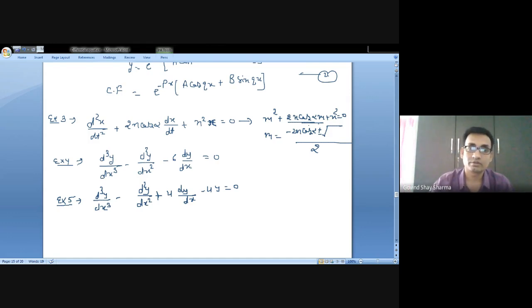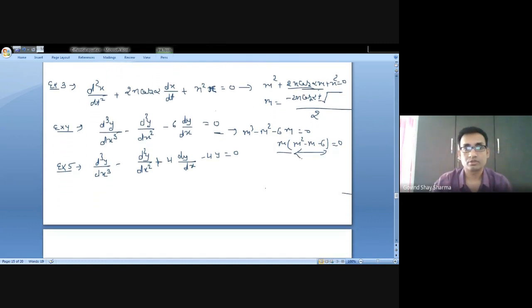Here again in this question, the auxiliary equation has one root m is equal to 0, and two roots we get from the quadratic equation. Third question, question number 5, we get m cube minus m square plus 4m minus 4 is equal to 0.